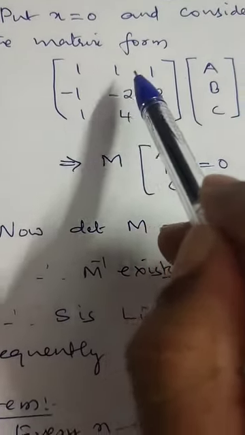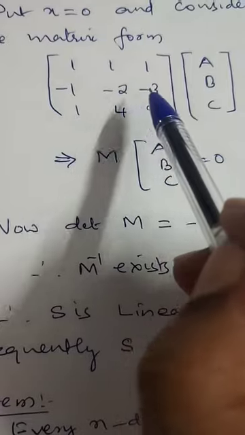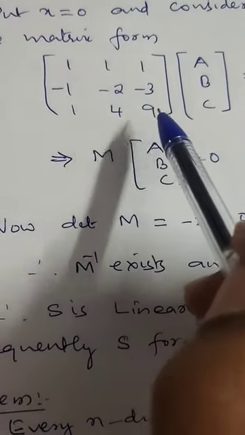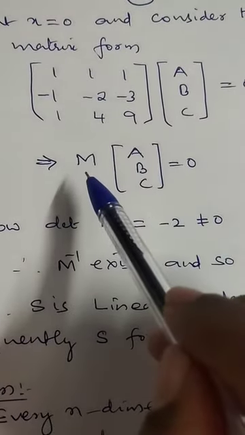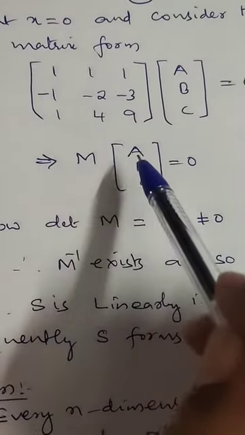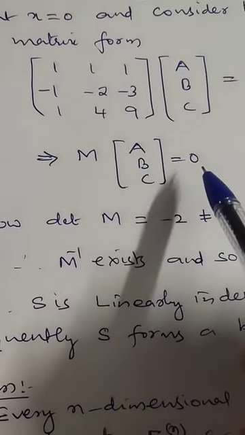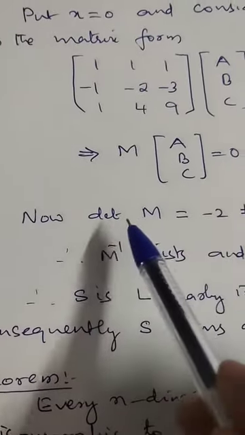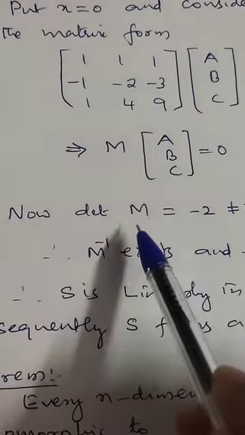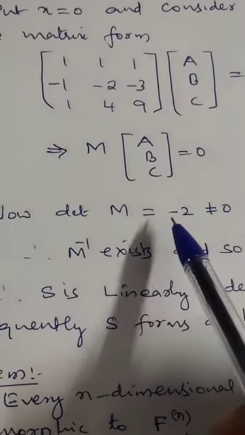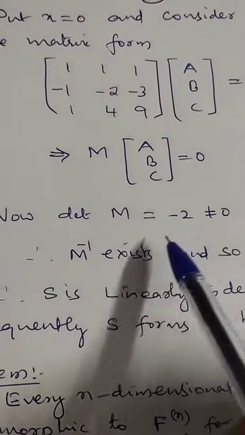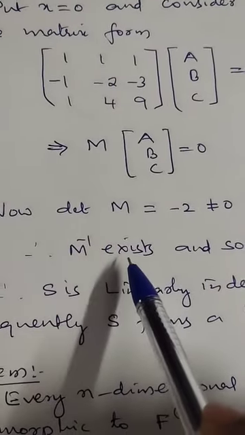I write 1 1 1, minus 1 minus 2 minus 3, 1 4 9, into a b c is equal to 0. You call this matrix M. This implies M into the column vector a b c is equal to 0. Now we can see that the determinant of this matrix M is minus 2, which is non-zero, meaning definitely M inverse exists.